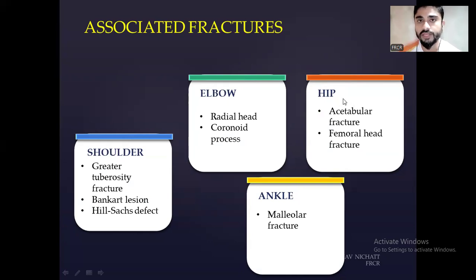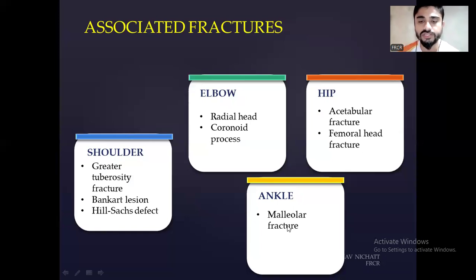If you are dealing with hip joint dislocation, then you have to look for any acetabular fractures, whether the anterior or posterior lip of the acetabulum is involved, or whether there is any femoral head fracture or osteochondral injury of the femoral head. If there is any ankle dislocation, then you have to look for which malleolus is involved.